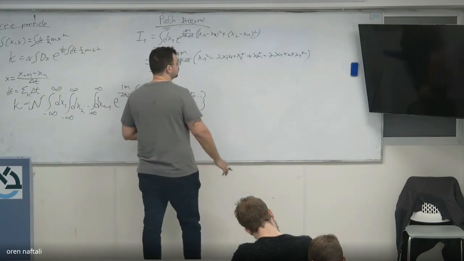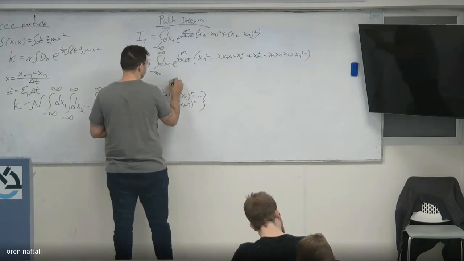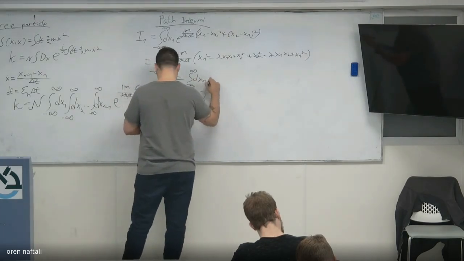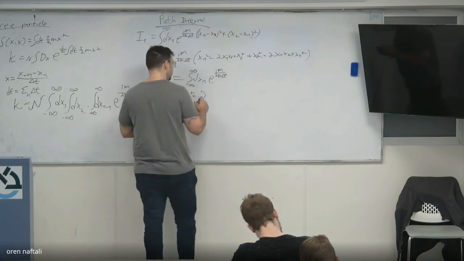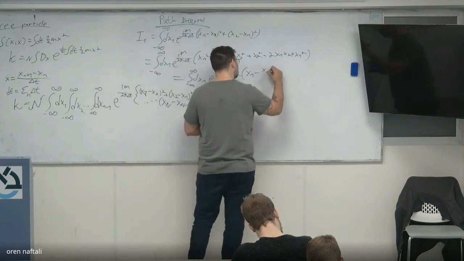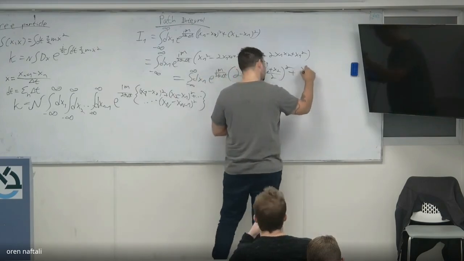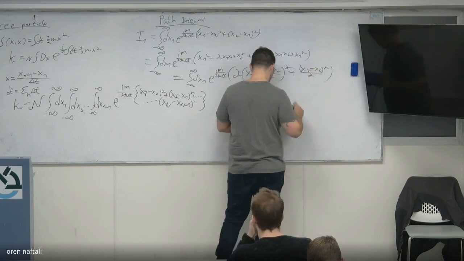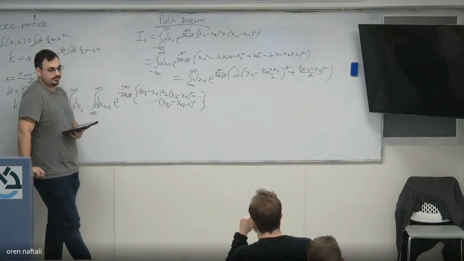Now I want to take only the x1 terms altogether. We get the integral dx1, e to the i m over 2 h bar delta t, 2 times x1 minus x0 plus x2 divided by 2 squared plus x2 minus x0 divided by 2 squared. Just a chain of Gaussians.